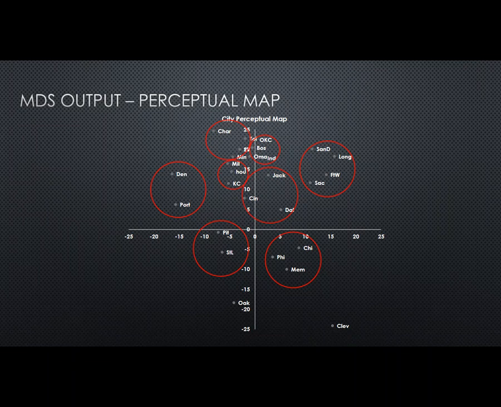But this is just a different way that you could interpret this information in terms of what should be clustered together. All right, so those are the ways that you would look at the output for cluster analysis. So once we get our data together, we'll be able to do something very similar to this.